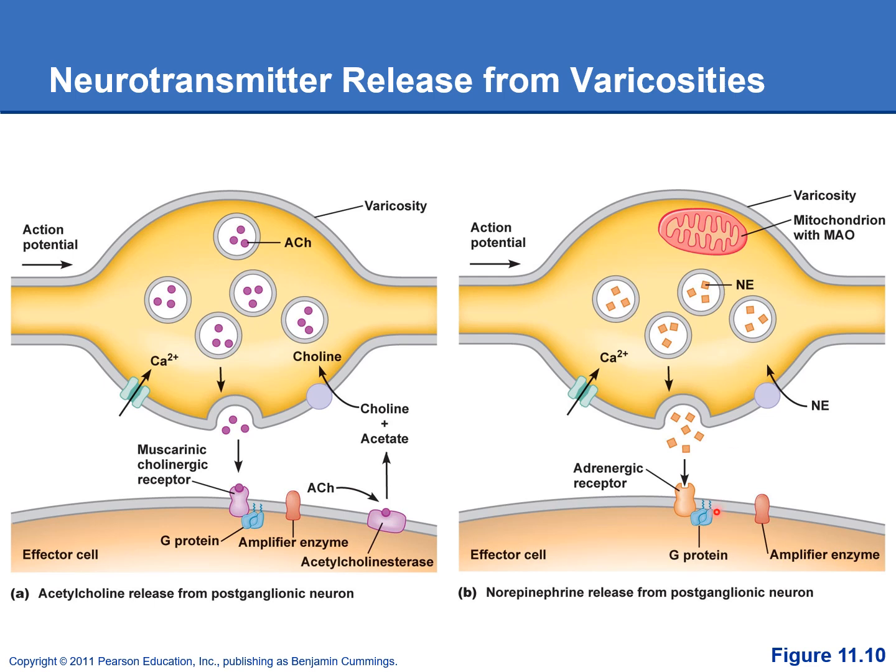And then again, we can get rid of the norepinephrine in a couple of different ways. It takes us a little bit longer to get rid of the norepinephrine, so the effects are going to last longer. One way to get rid of the norepinephrine is to reuptake it into the varicosity, and then it gets chewed up by the enzyme MAO, which is on the surface of the mitochondria.